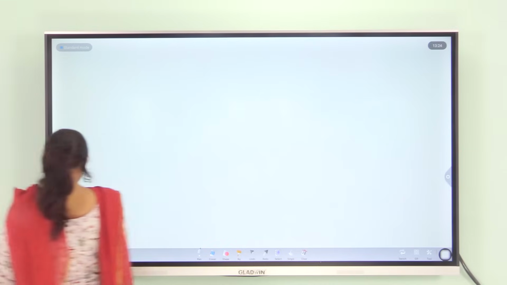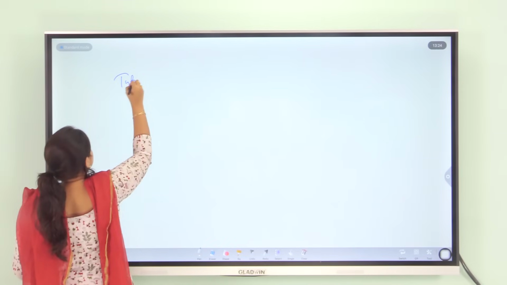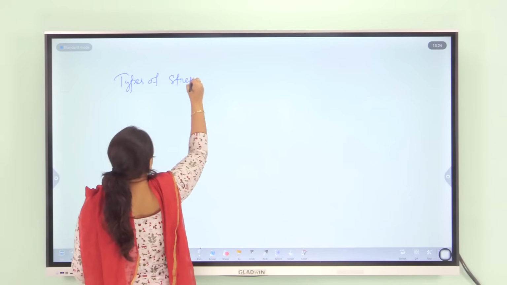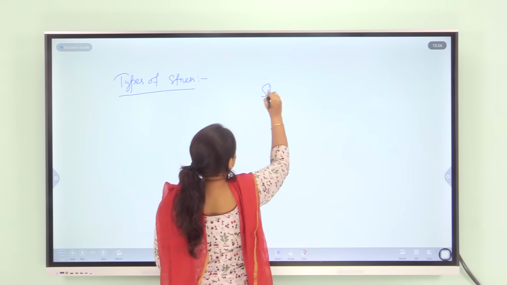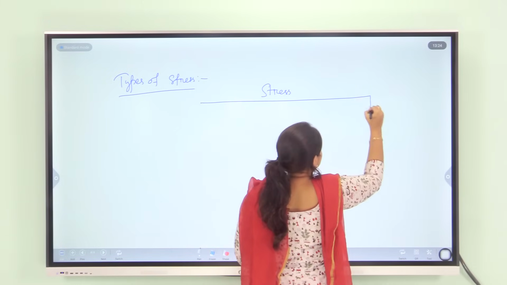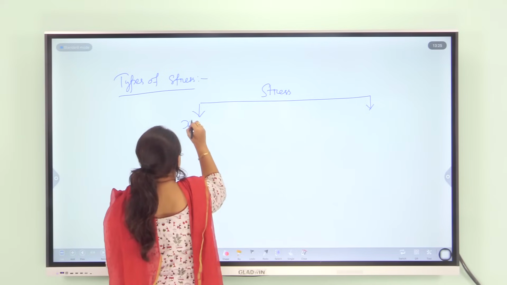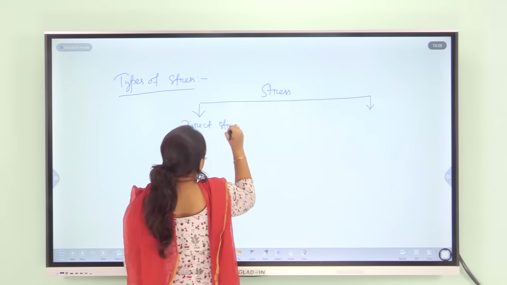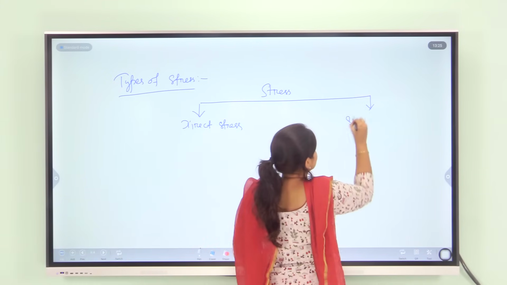Okay. Now, we will study the types of stress. First, stress is of two types: direct stress and shear stress.